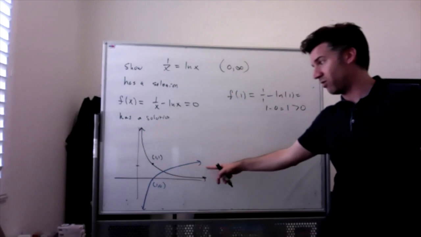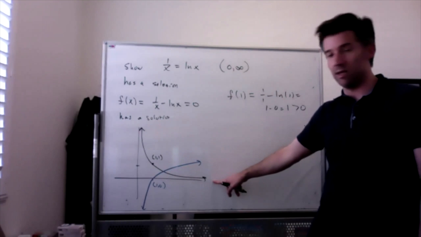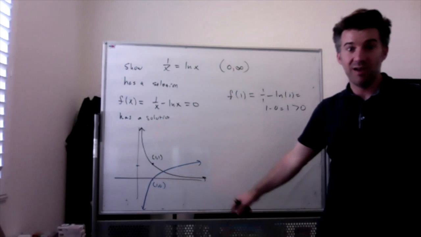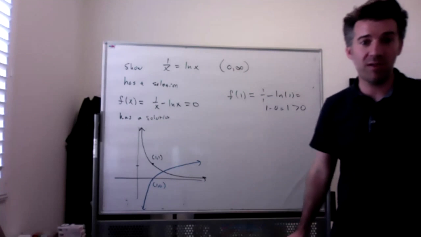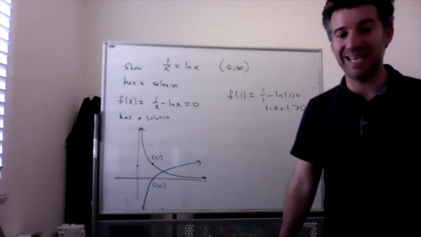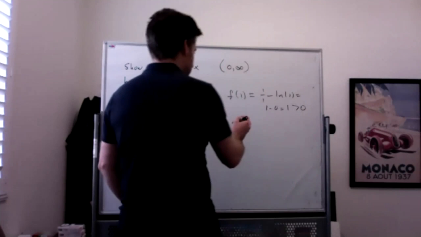But I just need to go far enough out so that the logarithmic function is the bigger one and the 1 over x is the smaller one. So I'm going to pick a large number that's easy to take the natural log of. Maybe e is big enough. So I'm going to pick e.